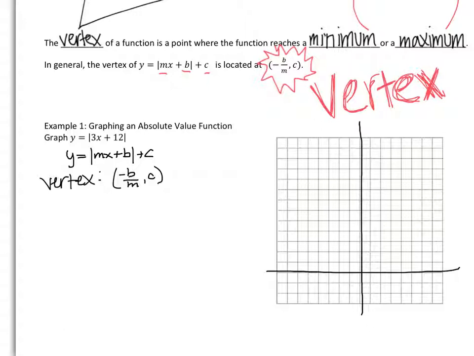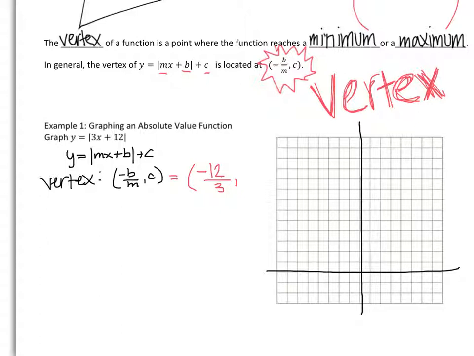So what do I put in for B? Because these match up, so instead of B, I put in the 12. So we'll have negative 12 over, what's the M? 3, good. And then what's our C? C's the number that's hanging off the end.